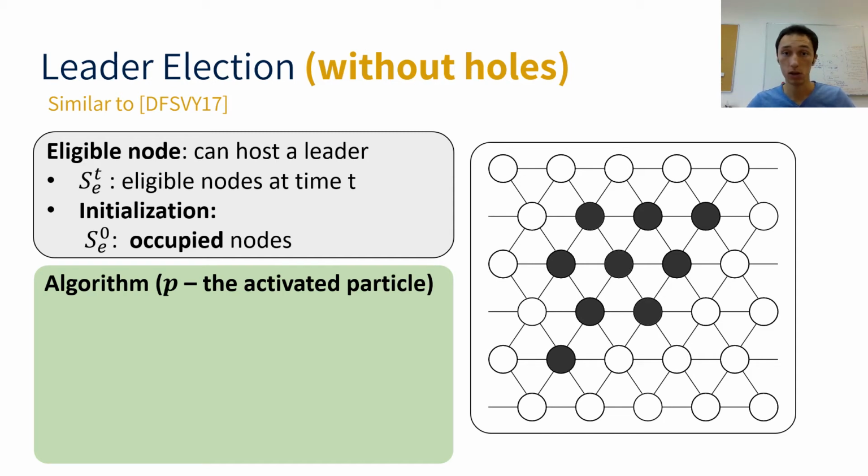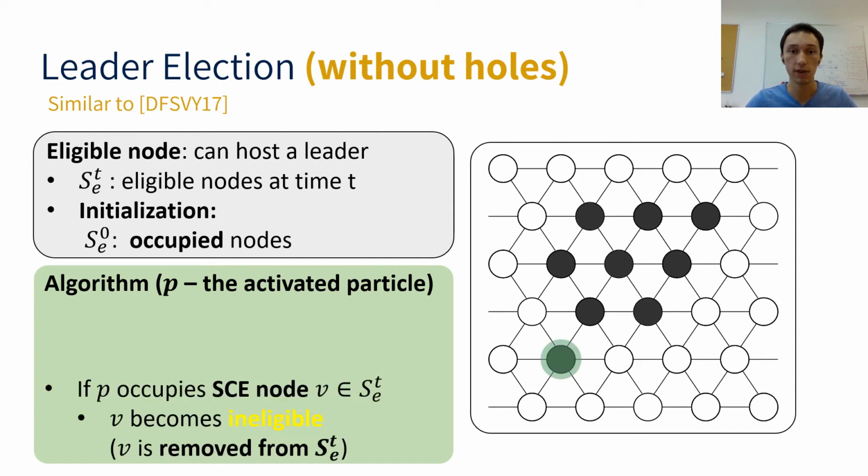All occupied nodes start eligible, and the set of eligible nodes at time t is denoted by S_E(t). By abuse of notation, S_E(t) also refers to the shape of eligible nodes, that is, the subgraph induced by the eligible nodes. We illustrate the algorithm with an execution on the following shape without holes, which you can see in the figure on the right.